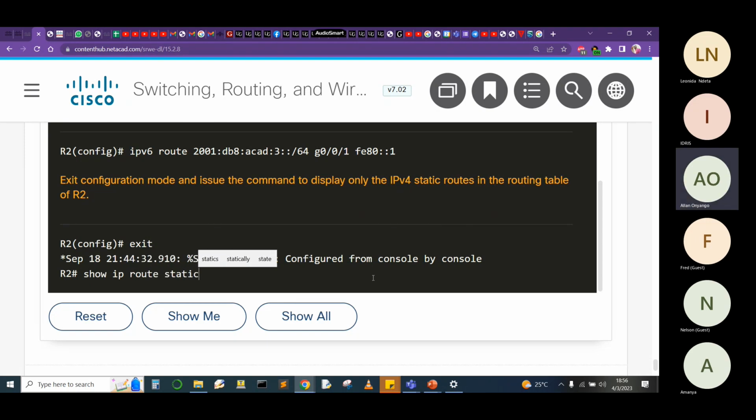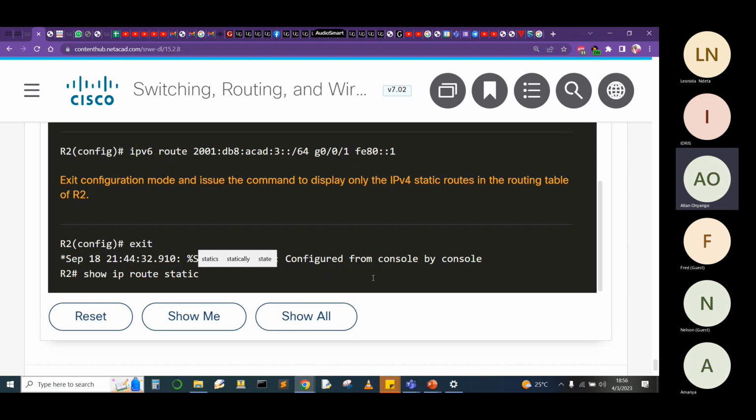Remember, show ip route by itself will display all routes: directly connected, static and dynamic. But if you say show ip route static, you'll only see the IPv4 static routes. If you want to see IPv6 static routes only, you say show ipv6 route static. If you want to see OSPF routes only, you say show ip route ospf.